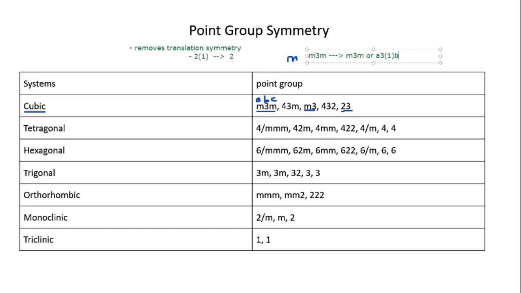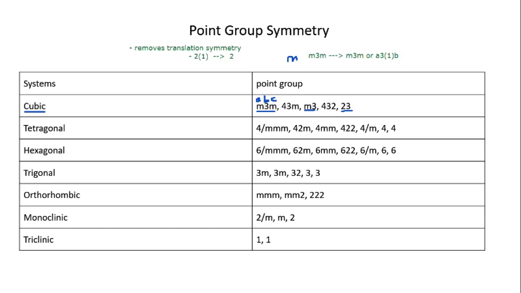So when you see a mirror plane and a rotation and a mirror plane, that could be what it says, or it could also be a glide plane and a screw axis. And so you'll notice here that cubic systems, in all of them, have threefold rotation. And the ones with a fourfold also include a threefold rotation as well.